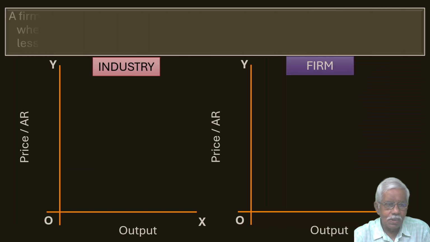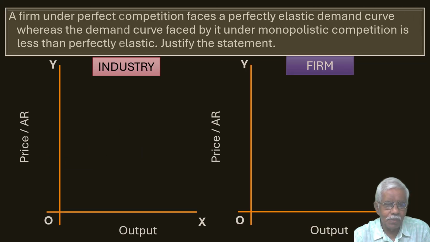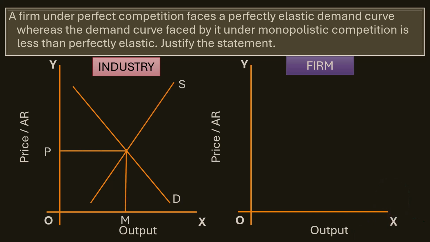Next question. A firm under perfect competition faces a perfectly elastic demand curve, whereas demand curve faced by it under monopolistic competition is less than perfectly elastic. Justify the statement. Answer. Under perfect competition, price is determined in the industry by demand and supply.